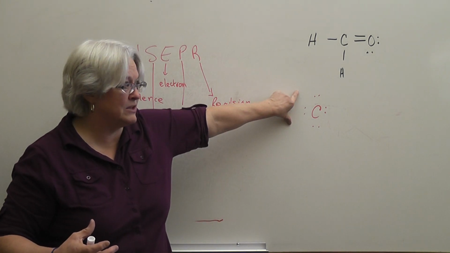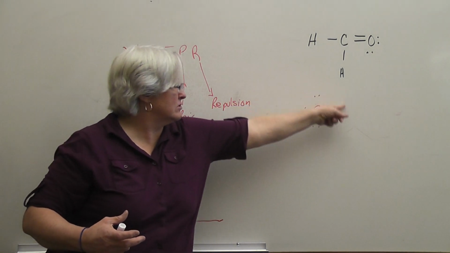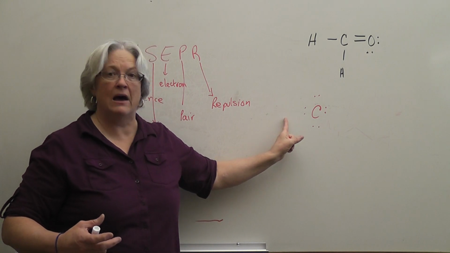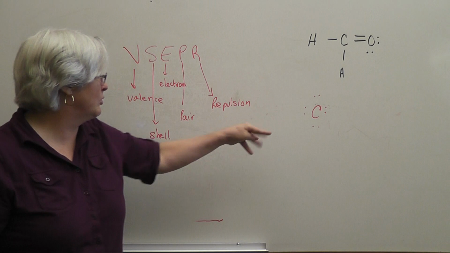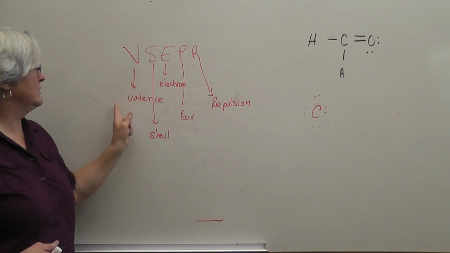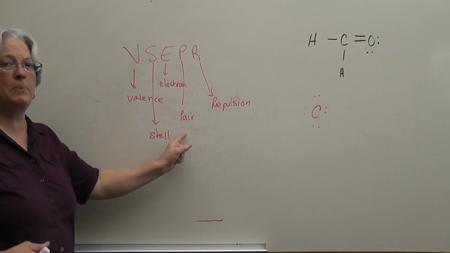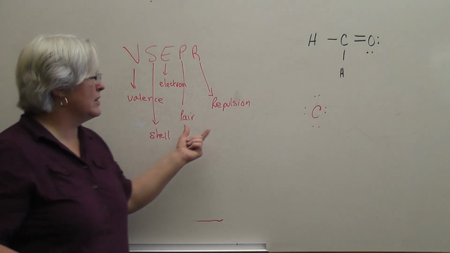They all want 8 electrons in the outer energy level, and they occur in pairs. When it's full, you have 4 pairs of 2. So that's where the pair comes from.